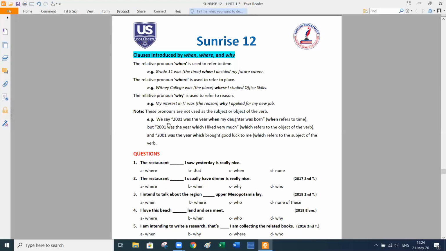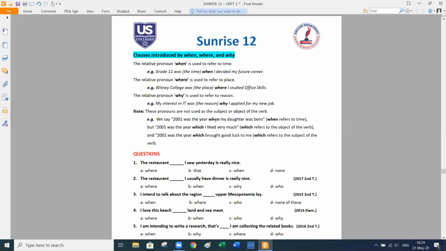For example, we say 2001 was the year when my daughter was born. When I say when my daughter was born, I refer to the time. Okay? The when refers to time. 2001 is the time here in the sentence. So we use when.